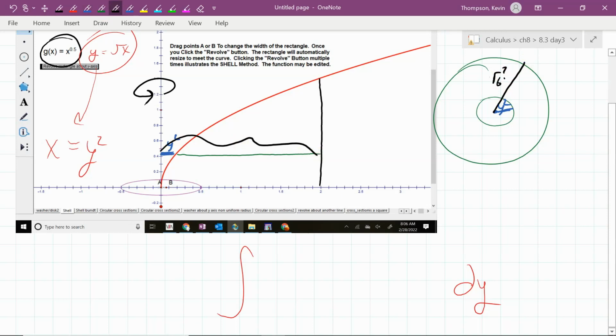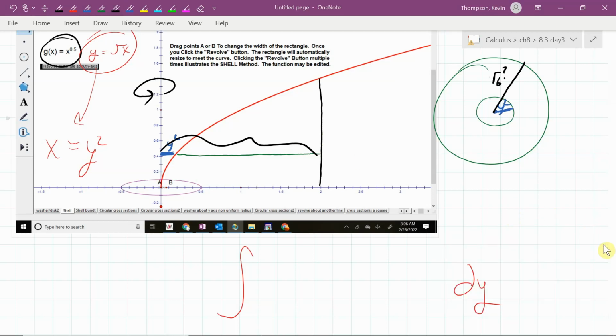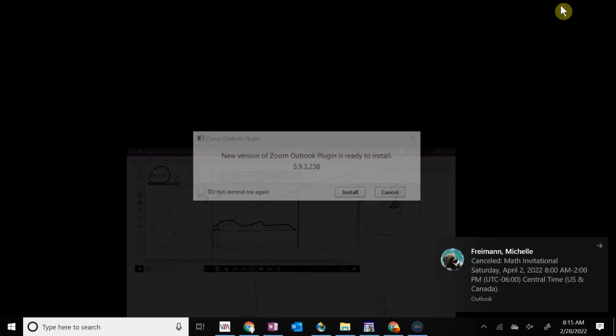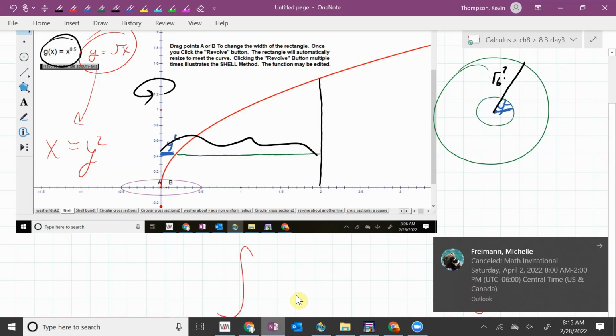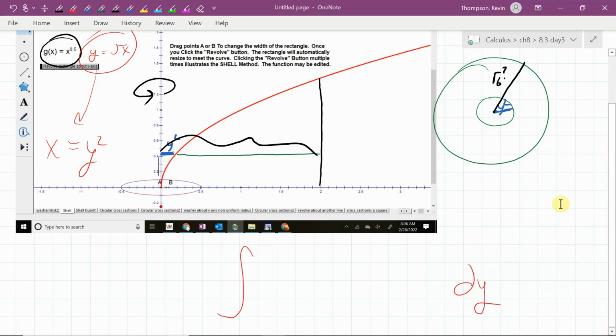This further distance here happens to be a constant, which means on the outside of this three-dimensional shape, it would give the impression of a cylinder. It should look like a cylinder because there's this notion of constant. The outside radius is always the same.